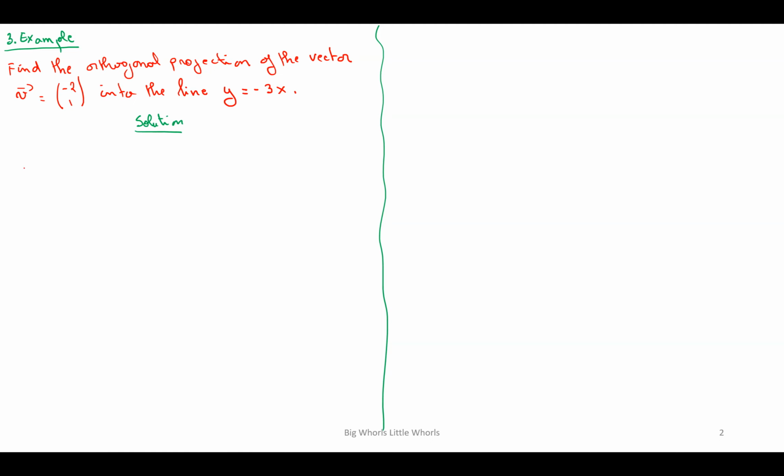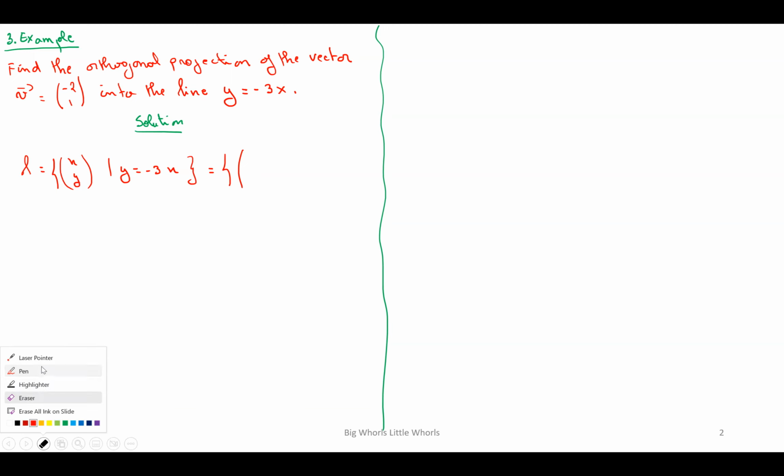Our line L is the set of (x, y) such that y equals minus 3x. Instead of y we write minus 3x, so this is (x, minus 3x), which is equal to (1, minus 3) multiplied by x, such that x is an element of R, or x is free.